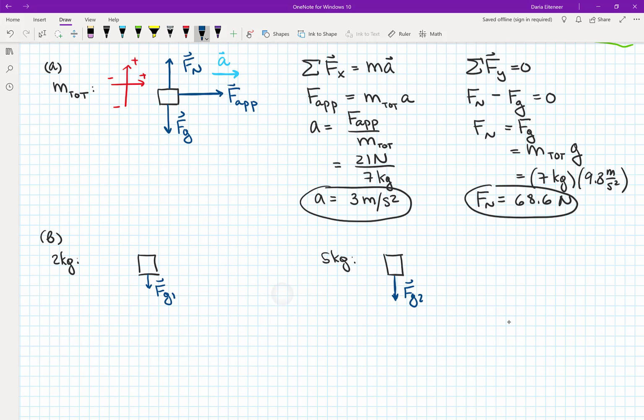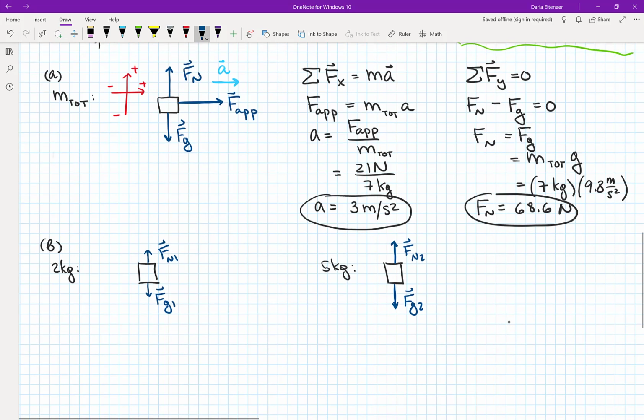They're still both on the surface, so there have to be normal forces. And still, it doesn't matter if you talk about the single object or the whole system, there is nothing going on in the vertical direction. So I'm still going to scale those normal forces to balance out forces of gravity. And then, what else?